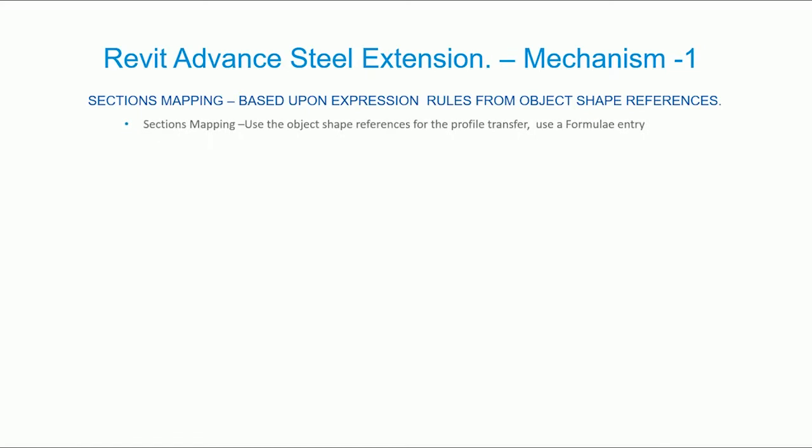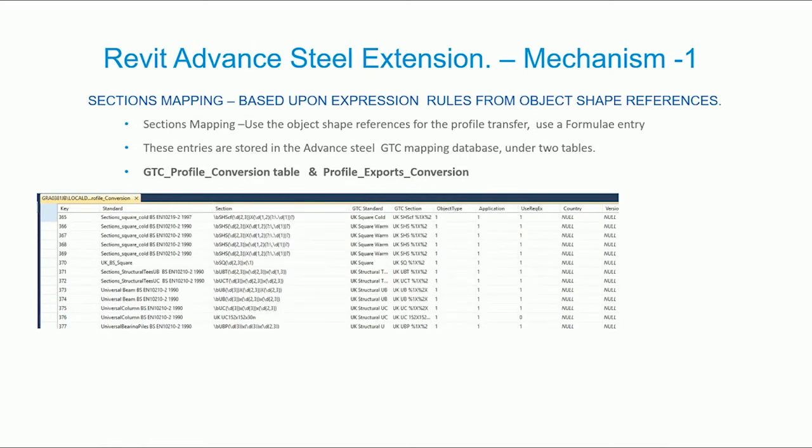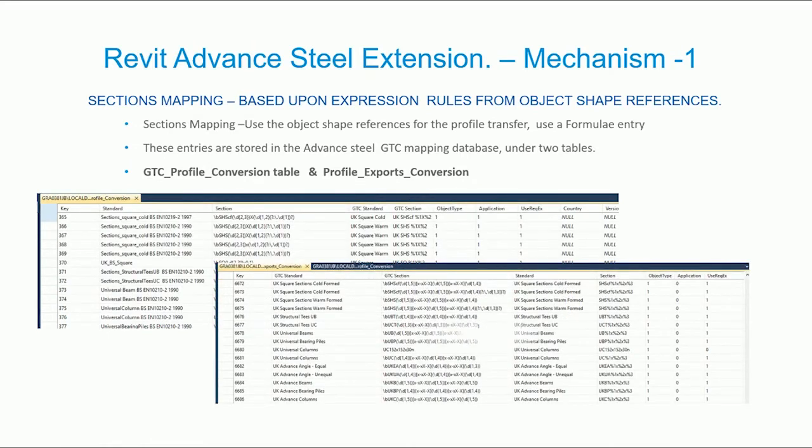To expand a little here, based upon expressions, this was the first format that I remember seeing inside Advanced Steel. It did work, it still works now, and people do use it. I have seen people completely empty the tables and create their own formulas from documents that have all the information.